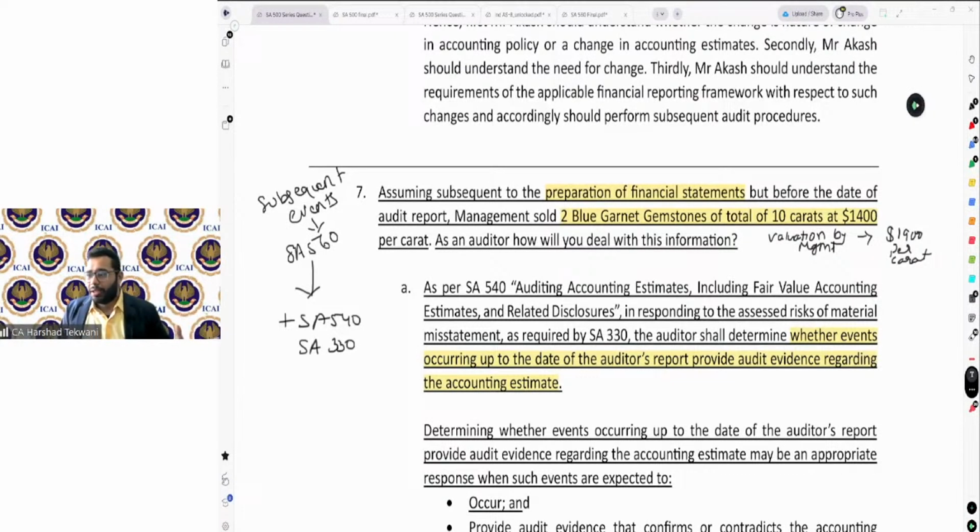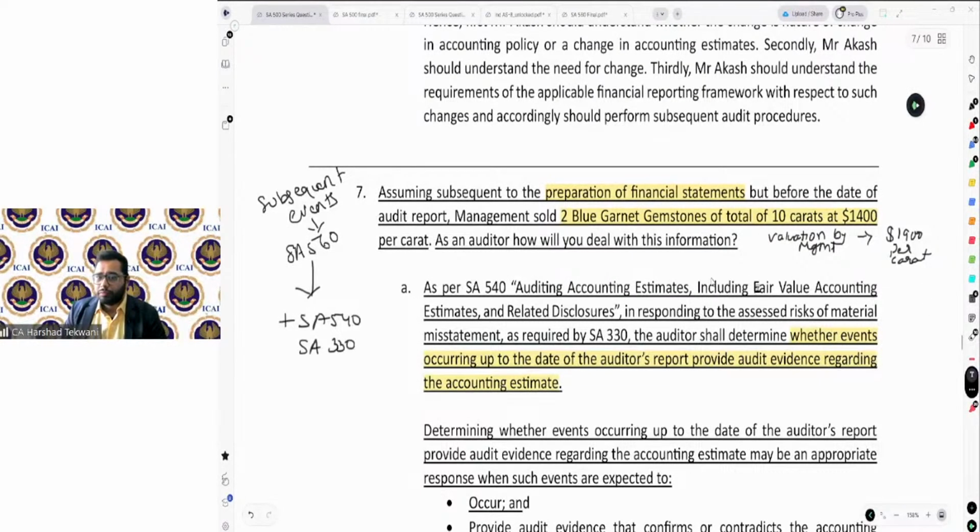So you need to write the relevant thing over here. If you write the wrong standard number but the content is relevant, there will be a deduction of marks, but that totally depends upon the content you have written, whether it is relevant or not.